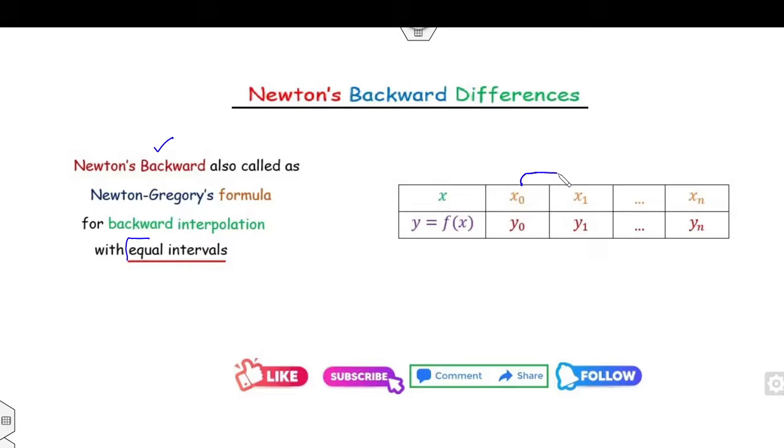What is the meaning of equal intervals? That means x1 minus x0 is h, then x2 minus x1 is also h, x3 minus x2 is also h, and so on. That means the difference between these points is the same.